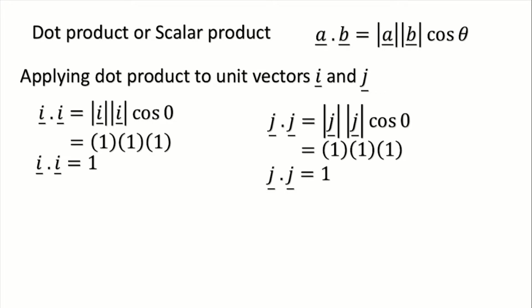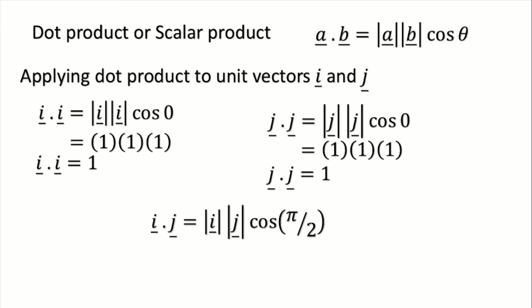Now I am going to apply it to i dot j. So I can write it as modulus i times modulus j times cos pi by 2. We know that i is the unit vector in the x direction and j is the unit vector in the y direction.